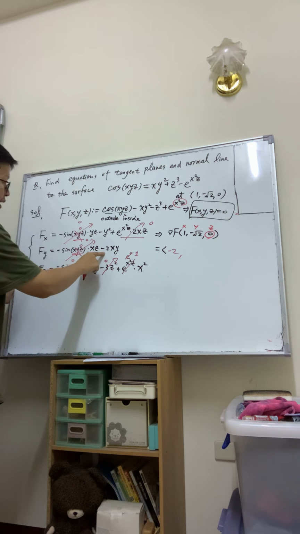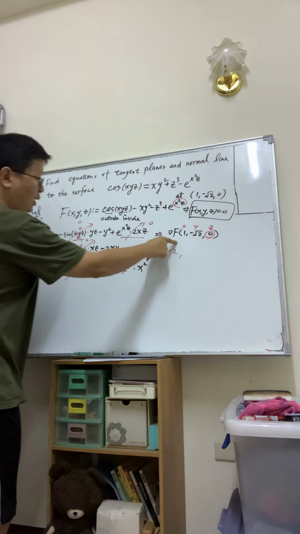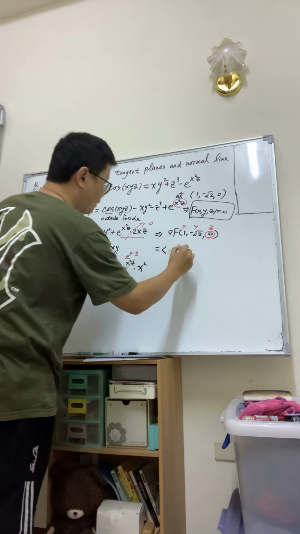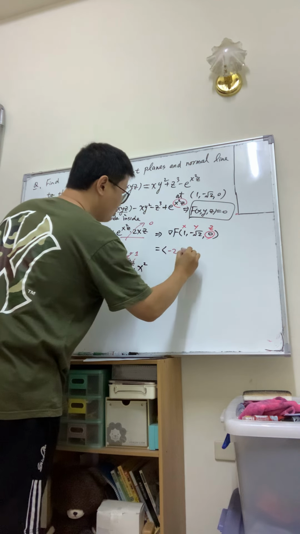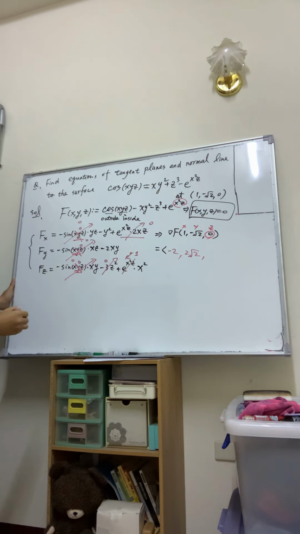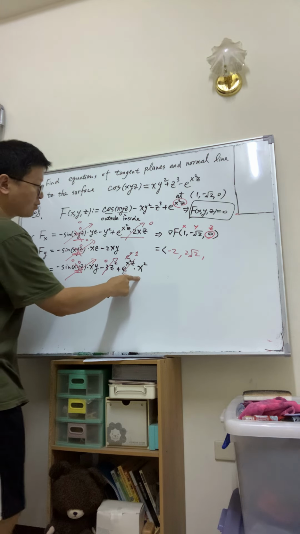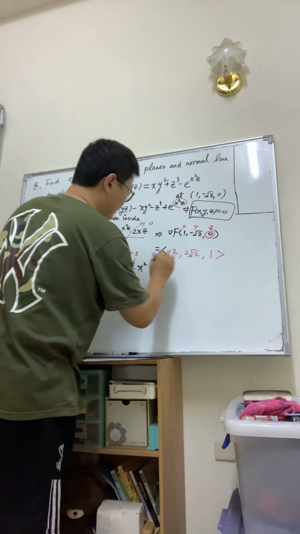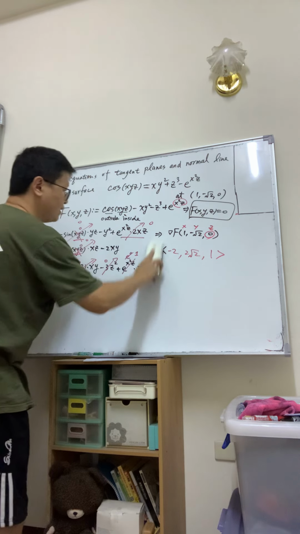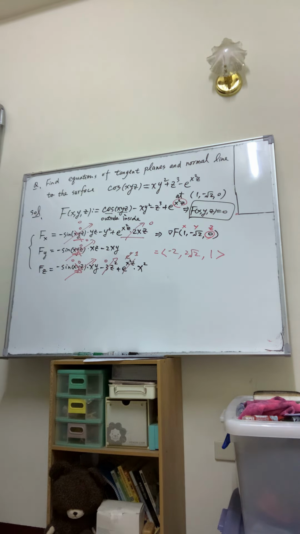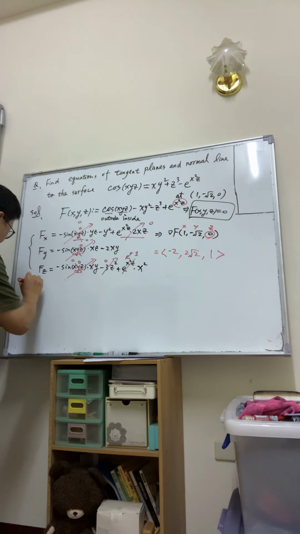Second one, negative 0 subtract 2 times 1 times negative square root of 2, so it's plus 2 square root of 2. And the last one, 0, 0, 0, 1 times x squared, so it's 1. So it's the vector. This is the gradient.